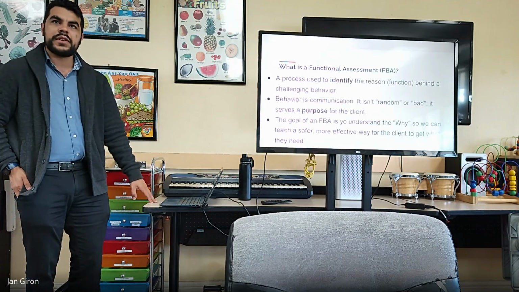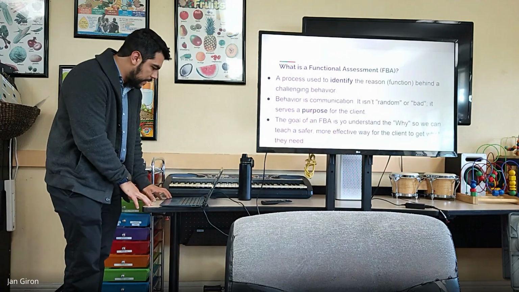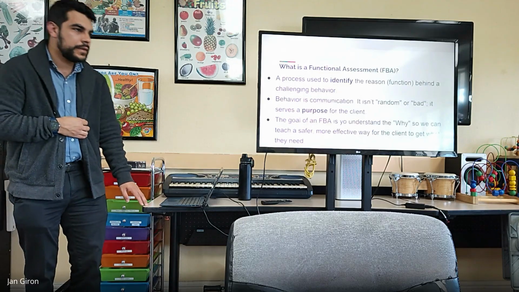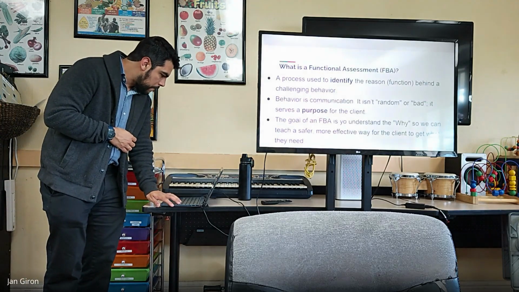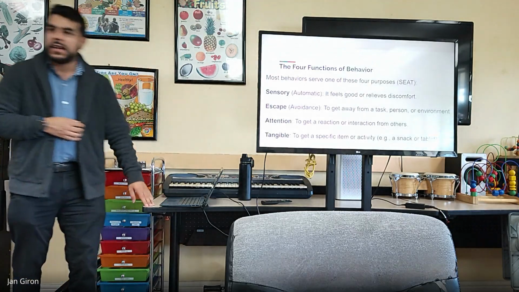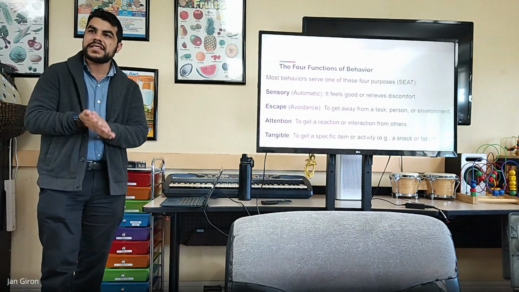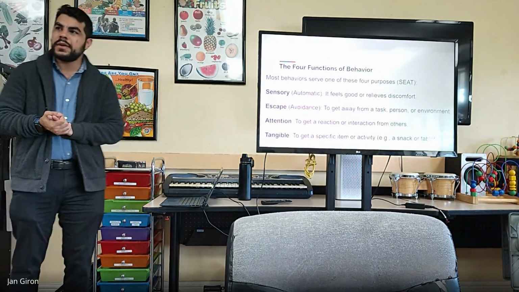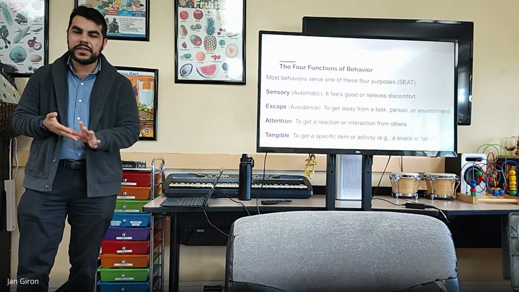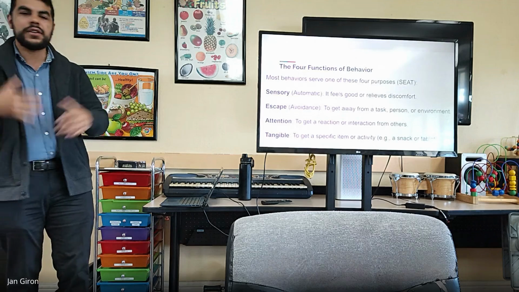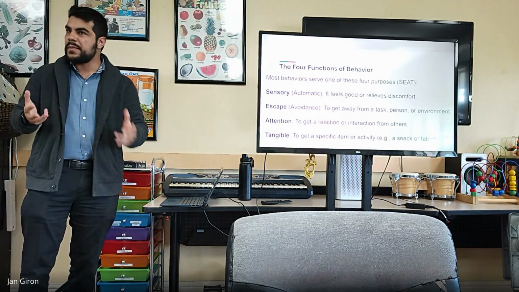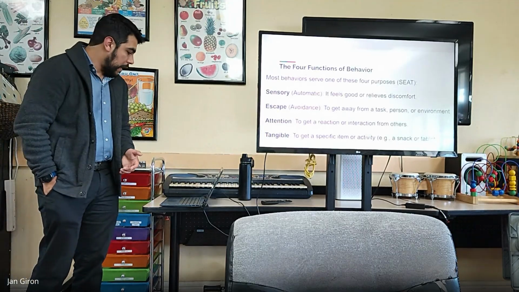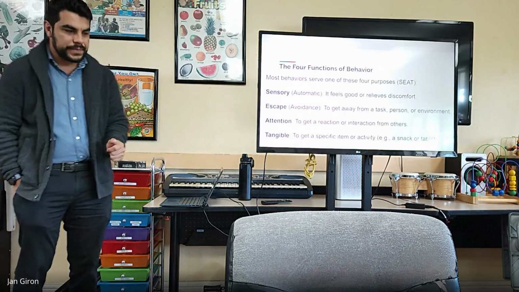Ultimately, we're trying to understand why behavior is occurring. These should be somewhat familiar to you guys already. The way to memorize the functions of behavior: SEAT. Sensory or automatic, escape or avoidance, access to attention, and access to tangibles.